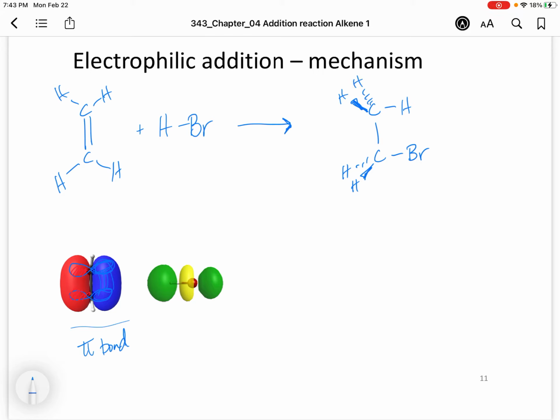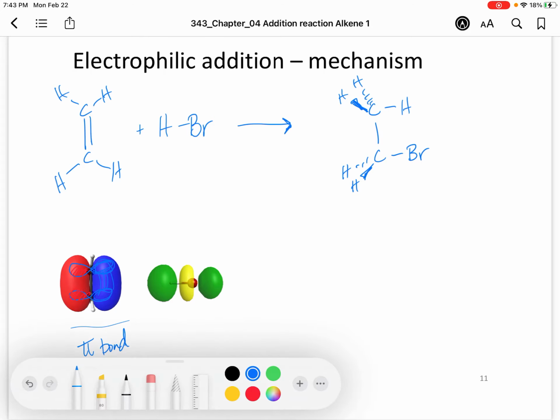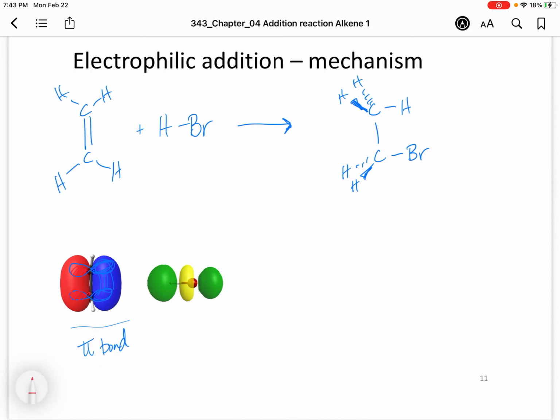All right, so with this mechanism, we're going to take our pi bond. We know there are electrons here in this filled pi bond. So we're going to take our arrow and start it at the electrons, and we're simply going to do a Bronsted acid-base reaction. We're going to pick off this proton. That means this HBr bond will break, so we're going to show it using an arrow showing the electrons between the hydrogen and the bromine going to our bromine.